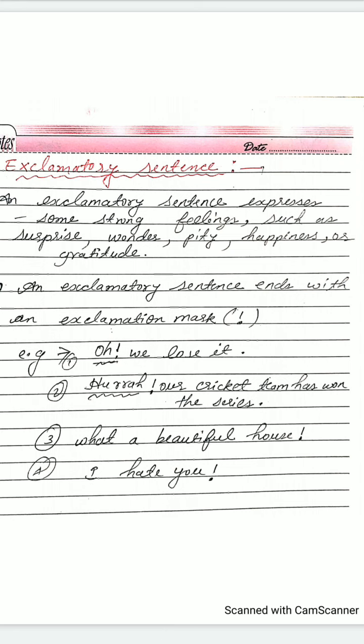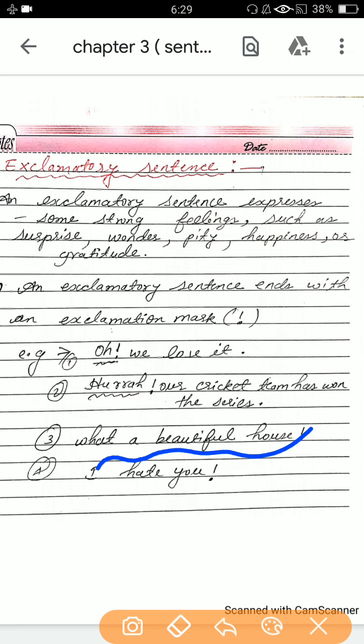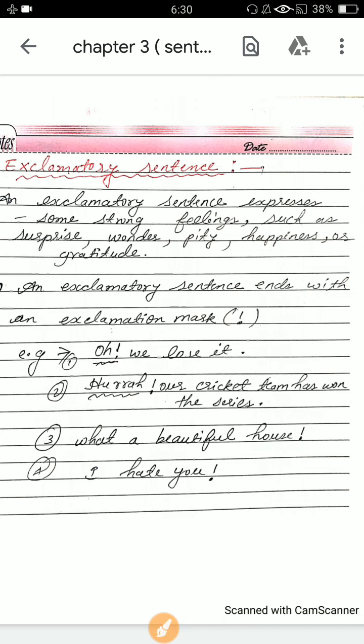Number three, what a beautiful house. This sentence expresses a sudden feeling of surprise, getting surprised by seeing such a beautiful house. It expresses a strong feeling of surprise. And the next example, I hate you.